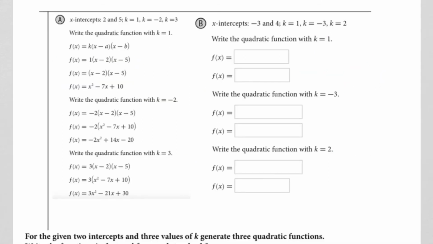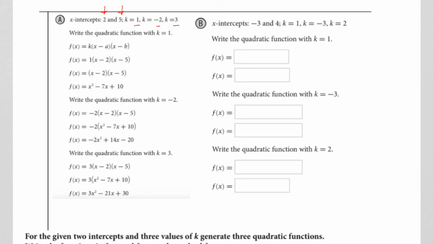So in this example, which is a lot like the guided practice for this section, it wants you to be able to write the standard form of all these different things and multiply it all out. So let's take a look at this. It says our x-intercepts are 2 and 5. So that's going to be x minus 2 and x minus 5. And then it gives different values that it wants to put in front of the polynomial.